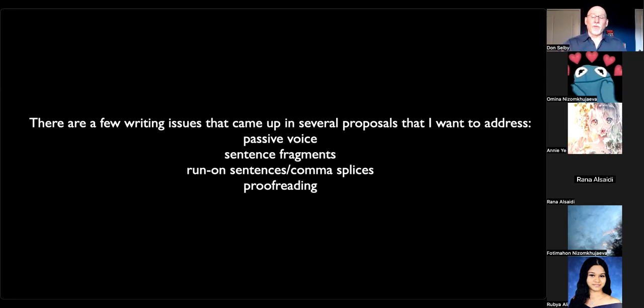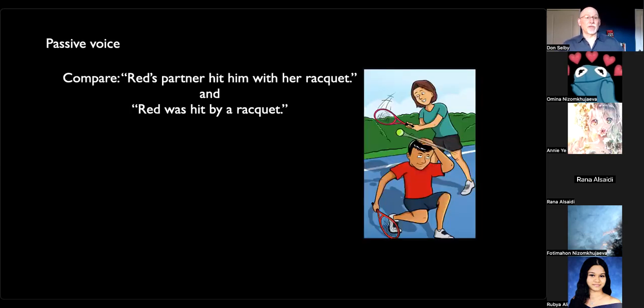Now, to that end, I've also put on Blackboard some guides for writing that talk about the particular kinds of things that are coming up here. So if you're going to write your paper and you're thinking, I can't remember what Selby had to say about sentence fragments or run-on sentences, there's a guide on Blackboard now that has fantastic explanations of these things and how to fix them. Okay, so let's start with passive voice.